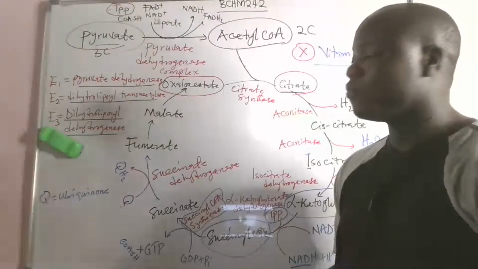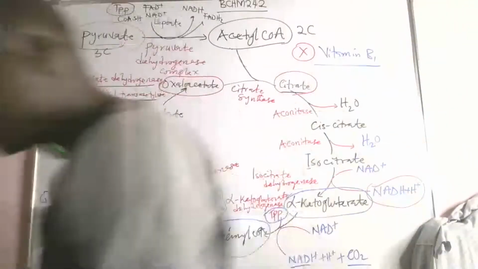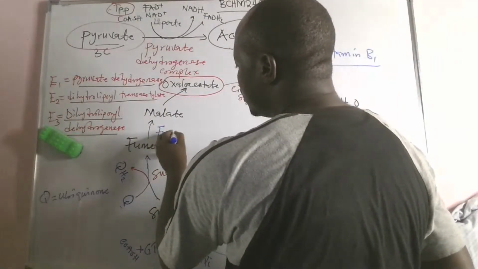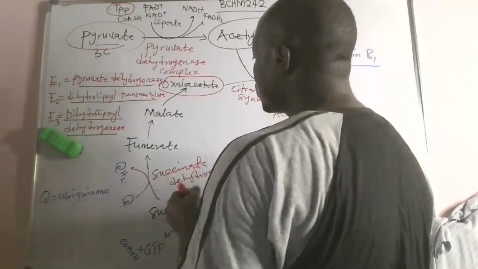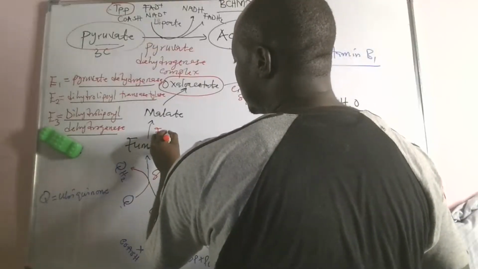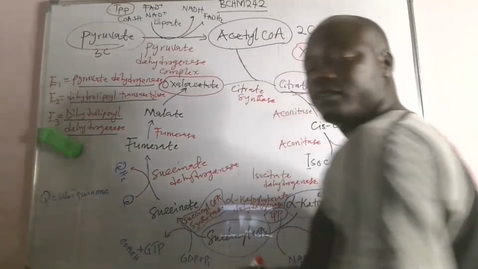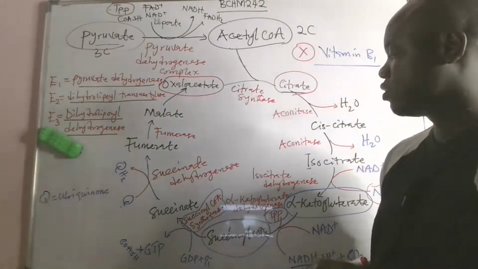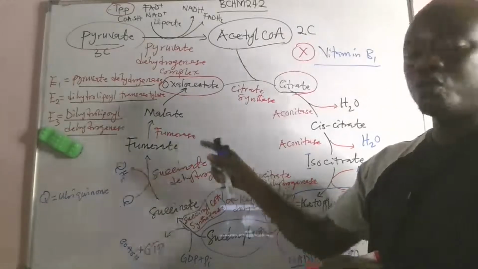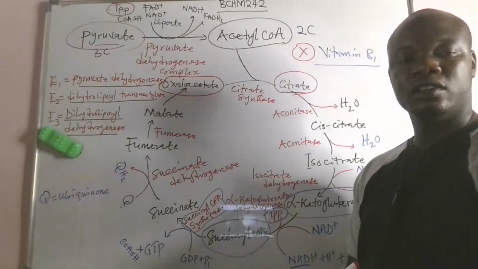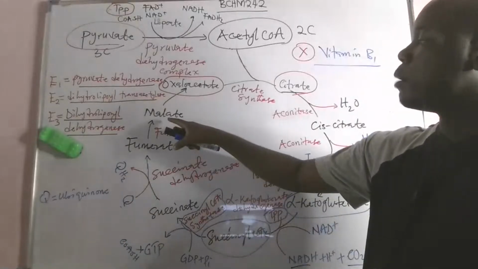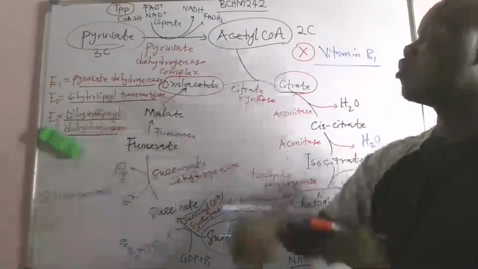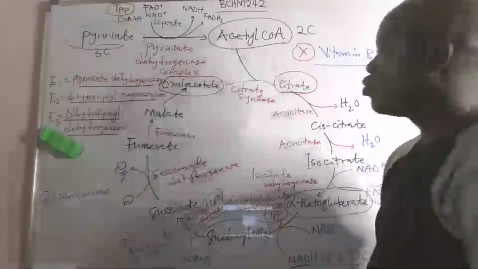And then the next thing is the conversion of fumarate to malate, using an enzyme called fumarase. Let me use the red marker. So we have fumarase. After fumarase, what next? The malate will be converted into oxaloacetate. Which enzyme does it?